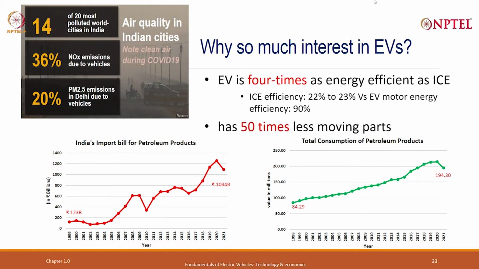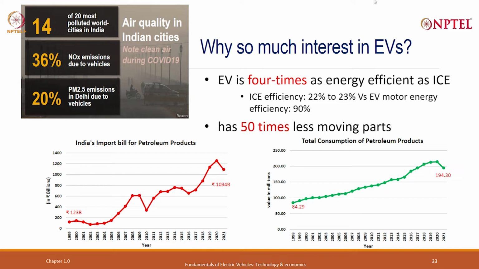The other thing that is very often not understood, that basically electric vehicle is 4 times as efficient as IC engine vehicle. IC engine vehicle, you have to start with 20 to 24% efficiency. Now, one may recover some of that and say I can go to 27 to 30, that is a different matter.